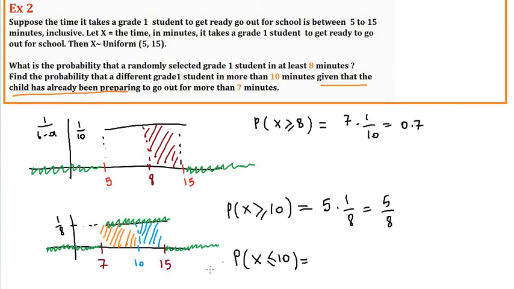So this time we're going to calculate the area of this orange rectangle. Our base will be 10 minus 7, which is 3, and height will still be 1/8, and it would be 3/8. If you have realized, this is the complement of that. So the probability that x is less than 10 is equal to 1 minus the probability that x is greater than 10.